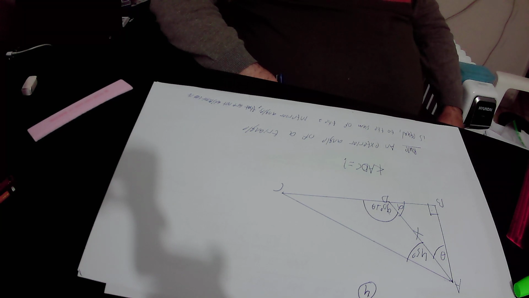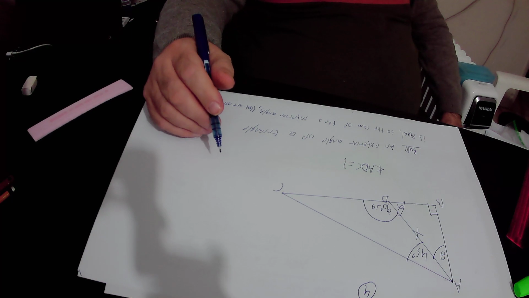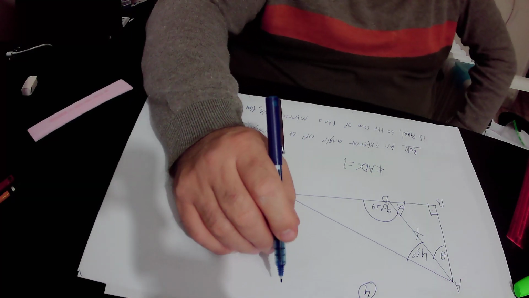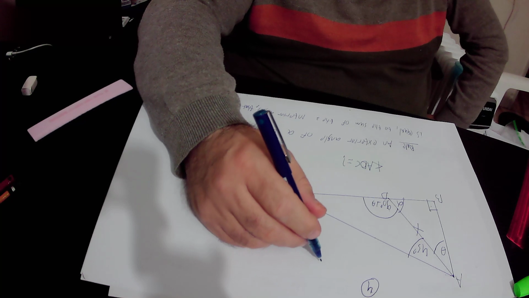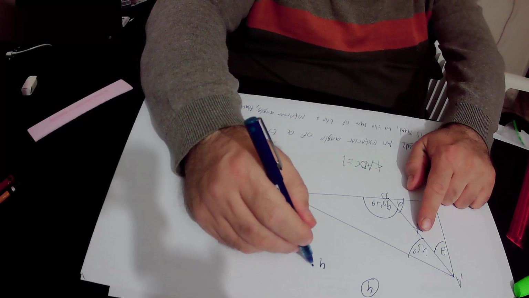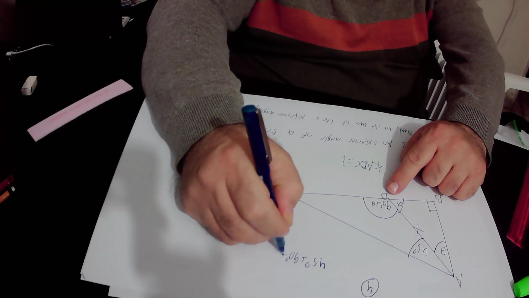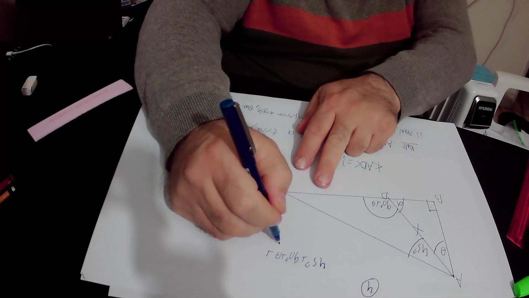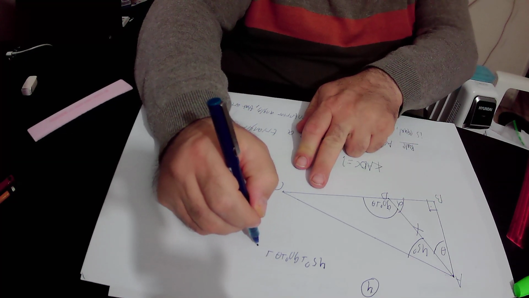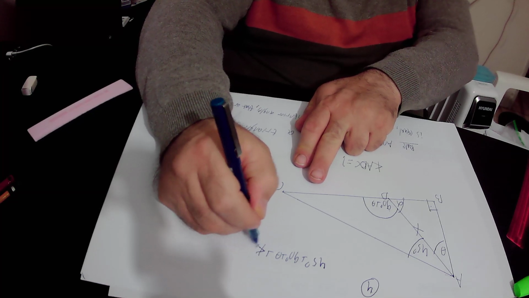And we know that the sum of the angles in triangle ADC must be equal to 180 degrees. So here we have one angle that is 45 degrees, plus this angle that is 90 degrees plus theta, plus the size of this angle that is actually angle ACD.